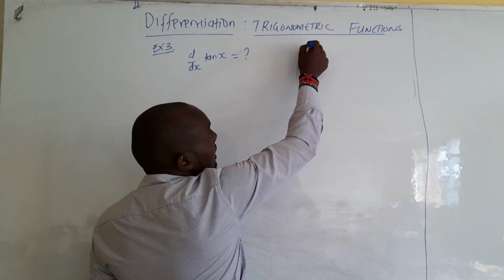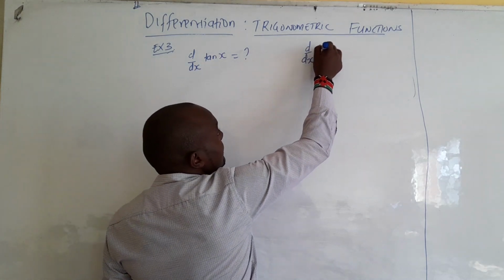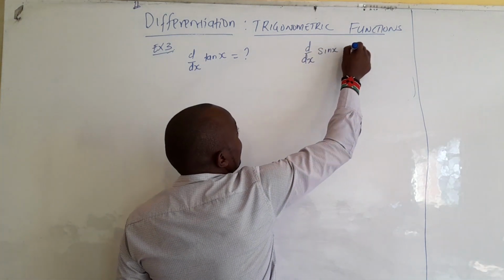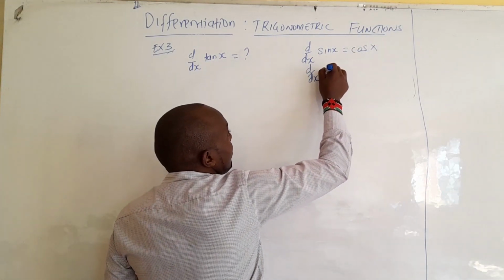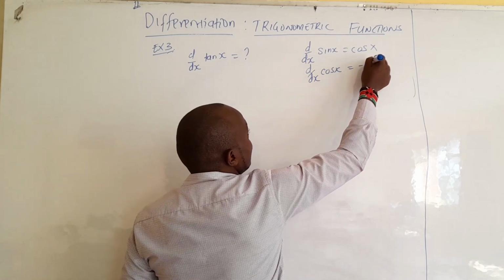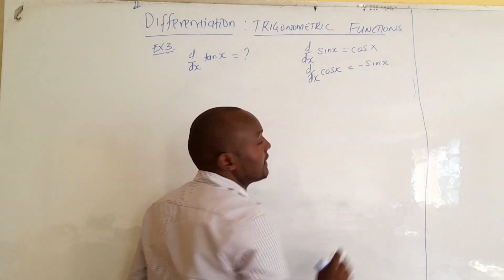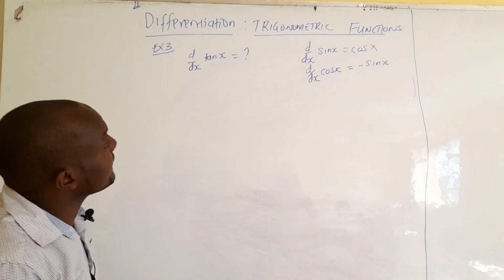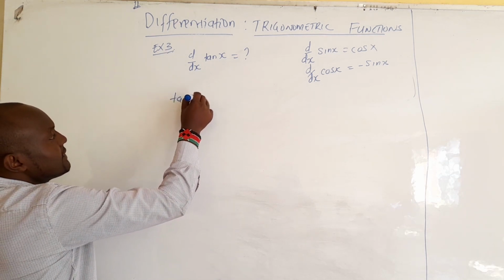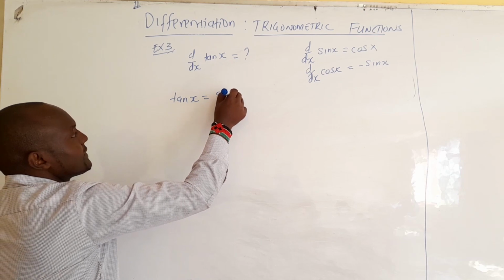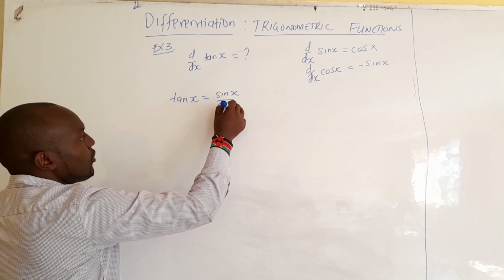Remember we said if you differentiate sin x, you get cos x. If you differentiate cos x, you get negative sin x. Let that be clear to everybody. Now, how do we differentiate tan x? Remember, tan x is the same as sin x all over cos x.